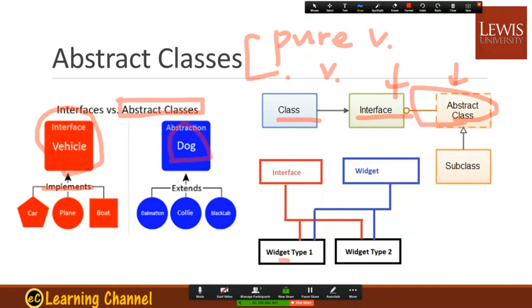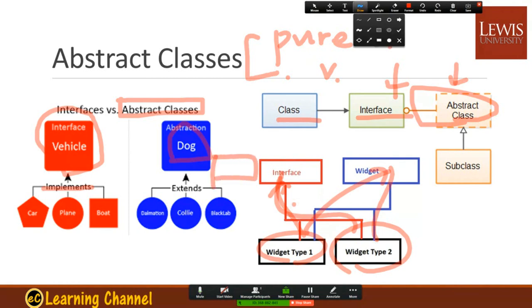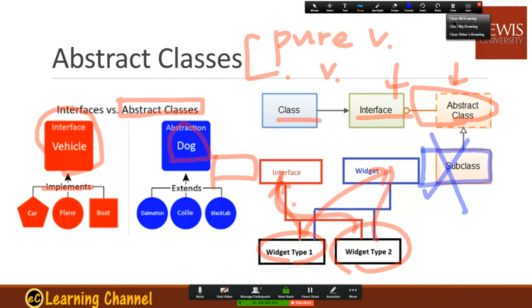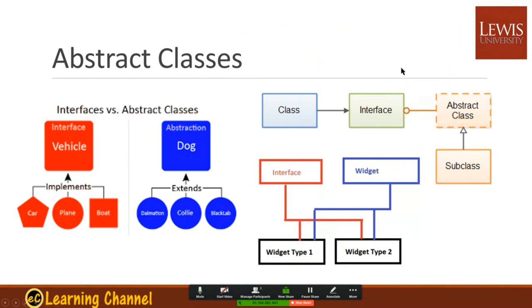And a widget type 1 or type 2 can extend an abstract class and also implement some interfaces at the same time. You can have multiple interfaces, but you cannot have multiple abstract classes or classes. That's not allowed. That's in the Java language.